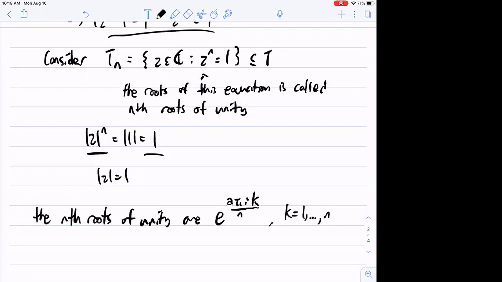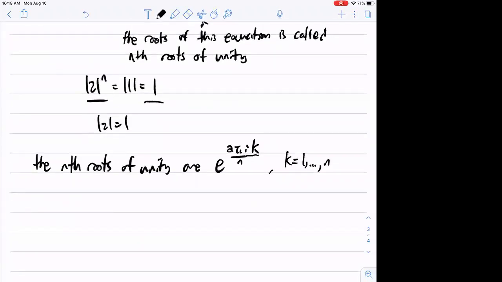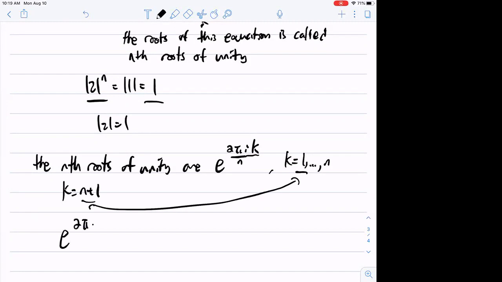Now, really quickly, why are these all of it, and why do we not have any more? These are all of it because if you take k to be bigger than n, let's say k is n plus 1, it actually corresponds to k equals 1. Why is that the case? Well, if I take n plus 1, this is e to the 2 pi i (n plus 1) over n.